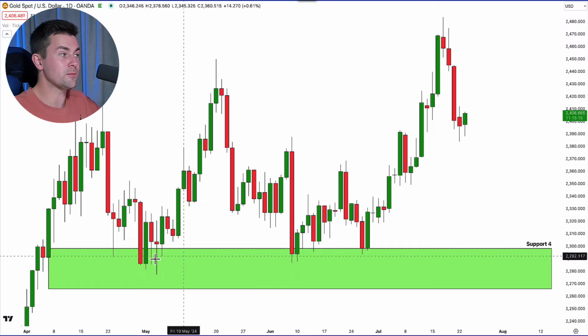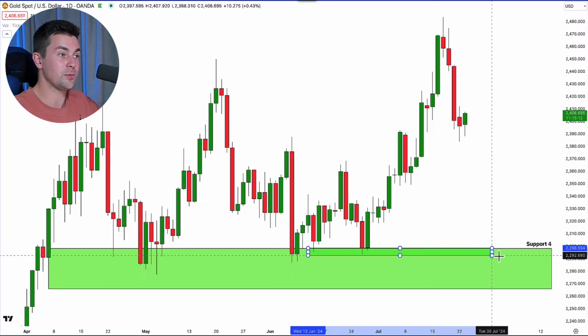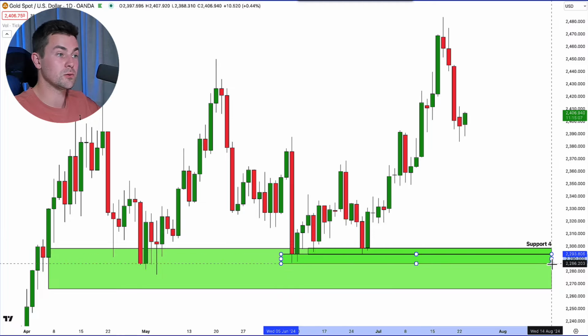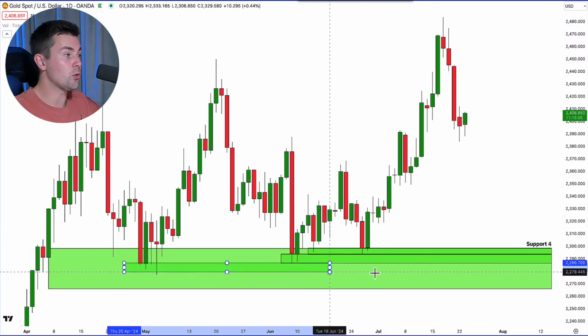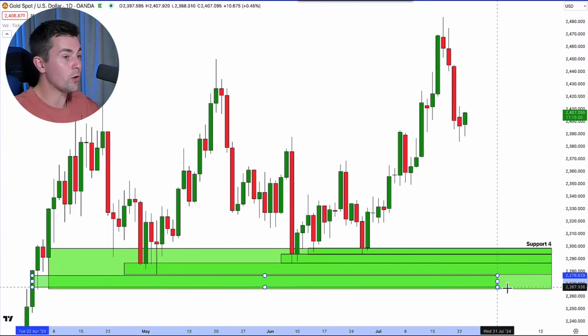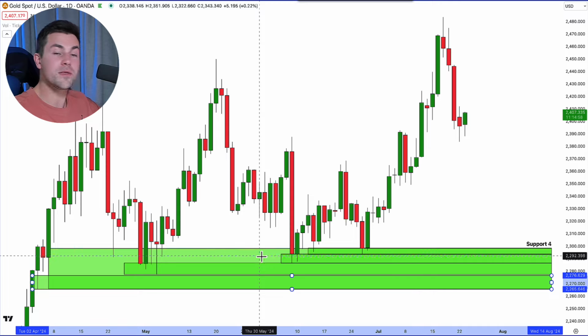If we study the price action within that area, we can spot that we have a strong horizontal support here, a strong horizontal support right here, another right here, and we also have a strong support right here. You can see that all the supports are lying very close to each other.